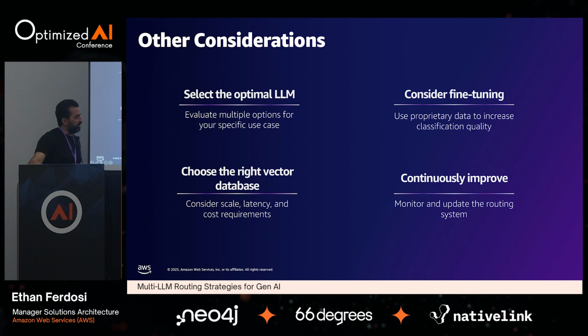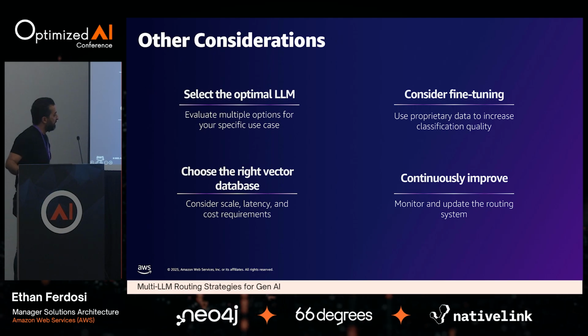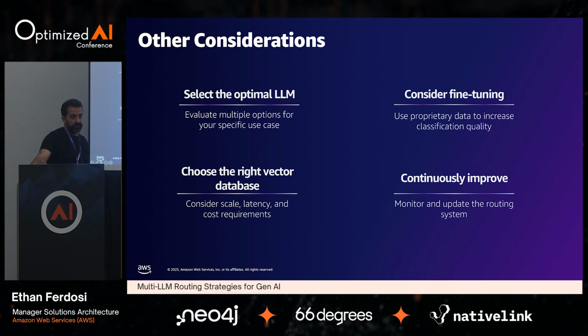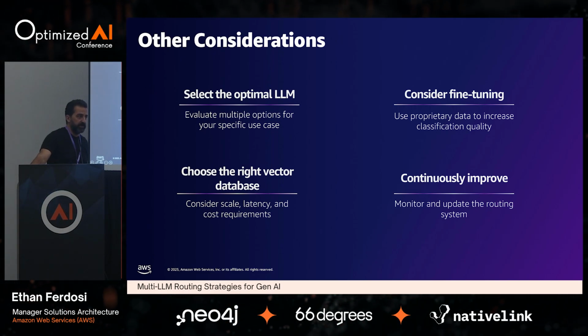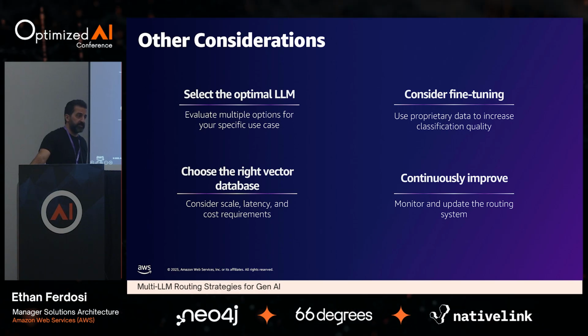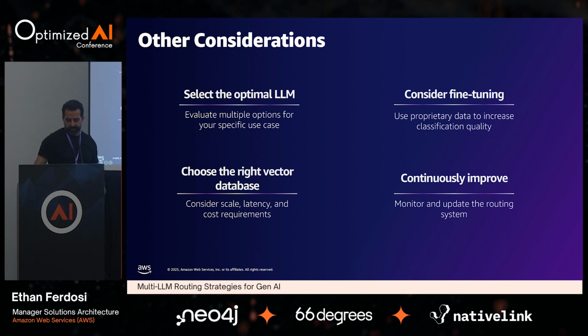So it's very important to optimize your routing layer. The other thing is that choosing the vector database is important. We have different options from different cloud providers that give you the flexibility, depending on how much you want to scale, how many prompts you want to use, and what the existing traffic is. So there are different factors that you have to take into account.